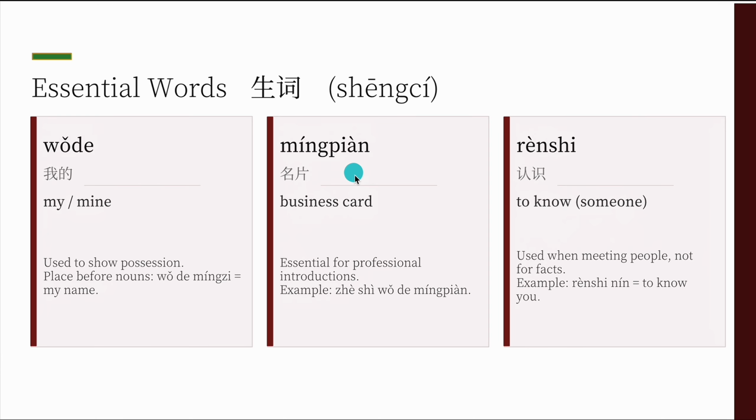And here we have 名片, business card. It is essential for professional introductions. So with the word that we just learned, how do you say my business card? 我的名片, my business card. 认识 means to know.